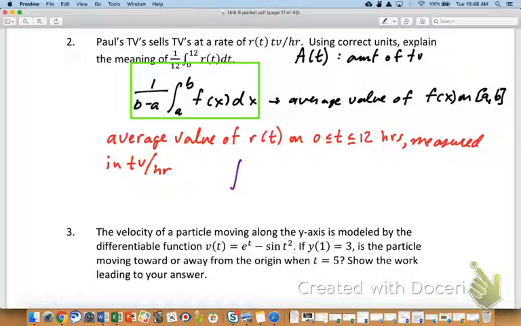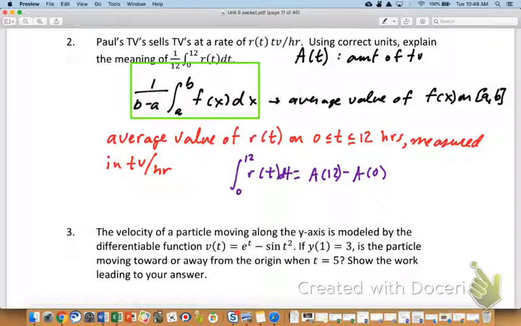Then wouldn't the definite integral of r of t from 0 to 12 be A of 12 minus A of 0? It'd be really tempting at this point to say, hey, shouldn't the units be number of TVs? And if this is all we had, then of course you'd be right.